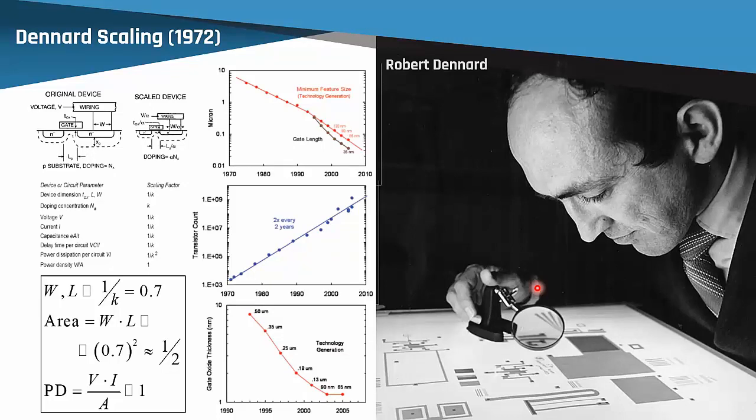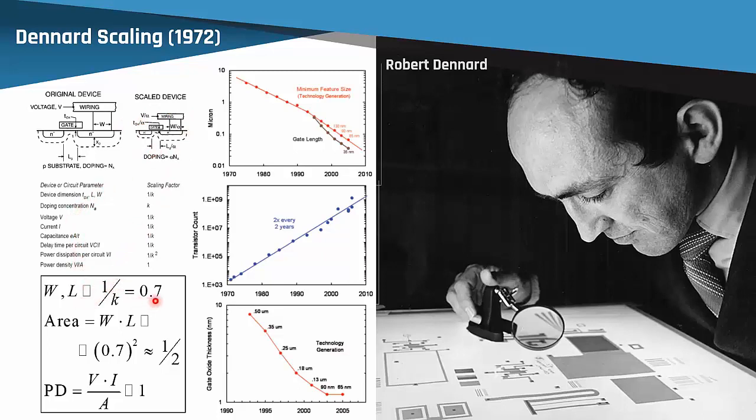He said, if we take our transistor and we scale each of the dimensions we have in the transistor by the same amount, we can call it S or K, then what will happen is that the next smaller device will give us this amazing thing.